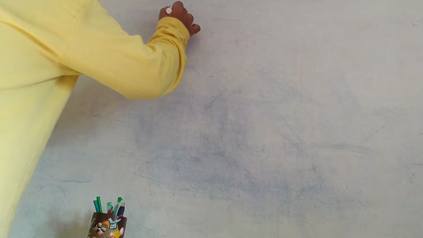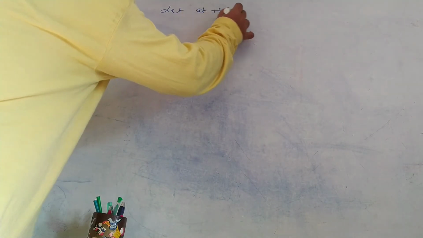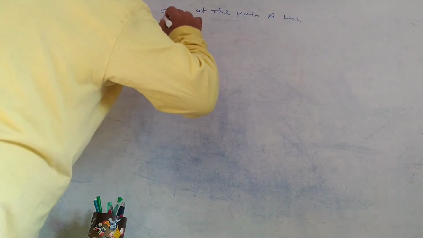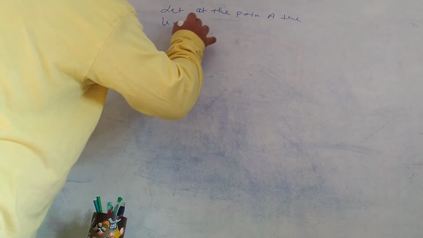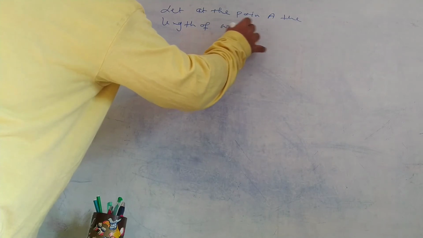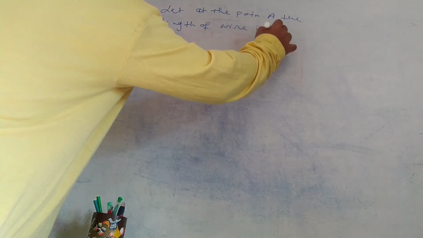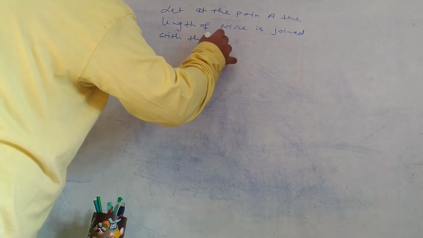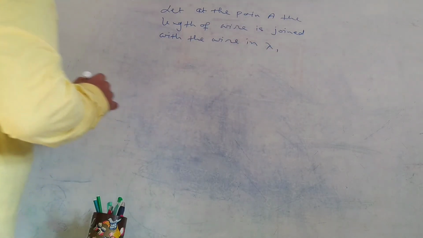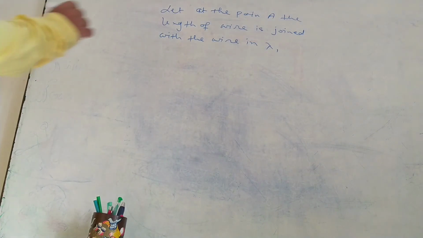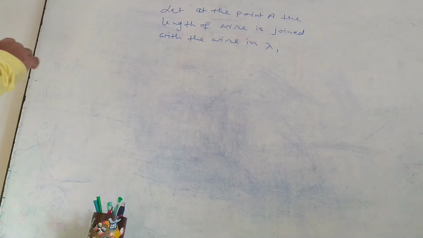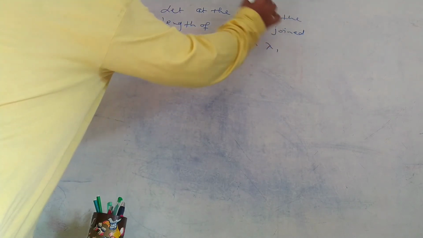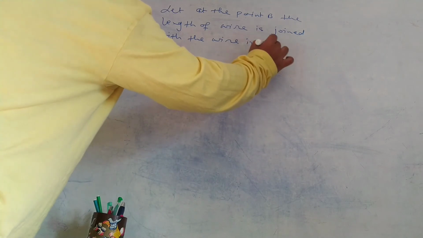Let at the point A the length of wire joined with the wire is lambda 1. Similarly, let at the point B the length of wire joined with the wire is lambda 2.